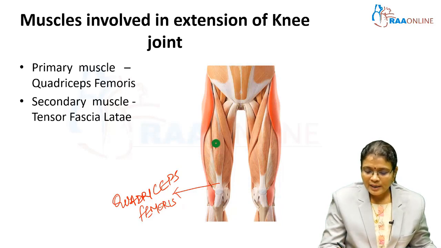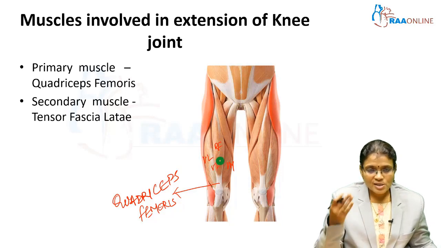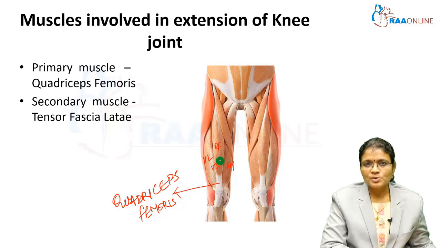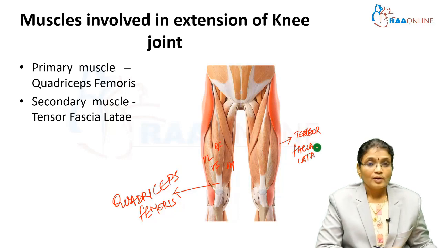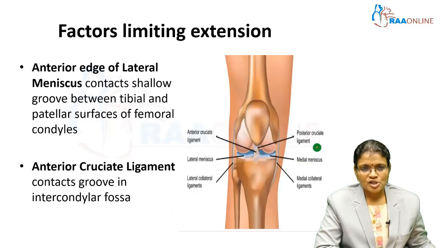They are rectus femoris, vastus medialis, vastus lateralis and vastus intermedius, just deep to your rectus femoris. The secondary muscle which helps in extension of knee joint is your tensor fascia lata. So these are the muscles which are involved in extension of knee joint.